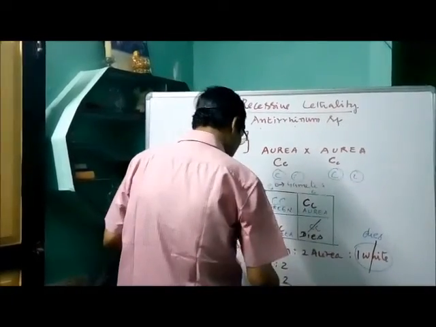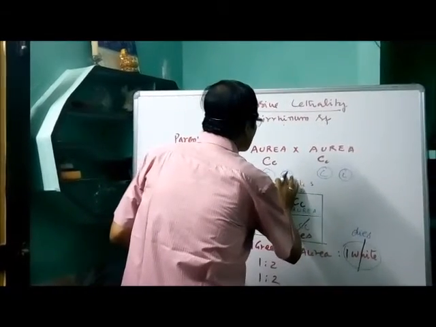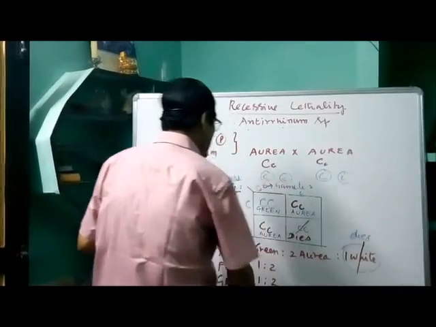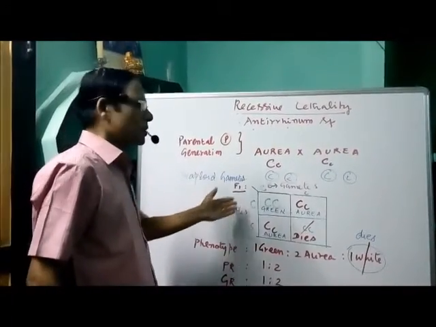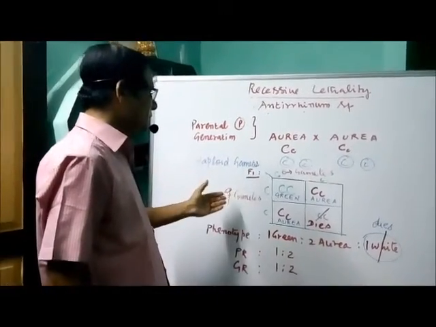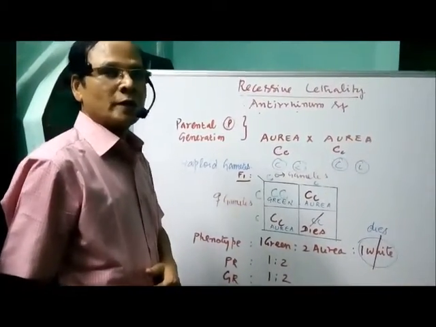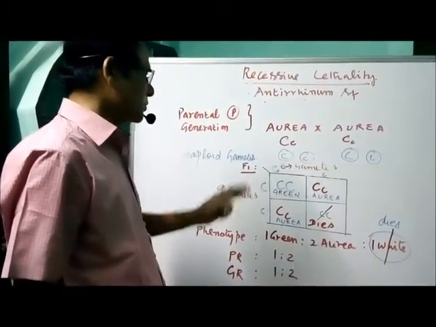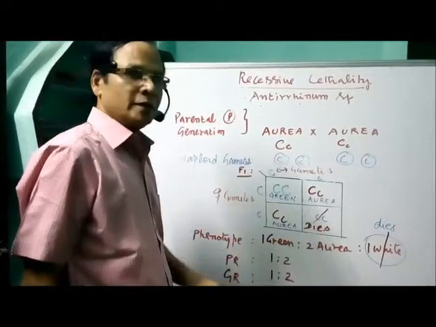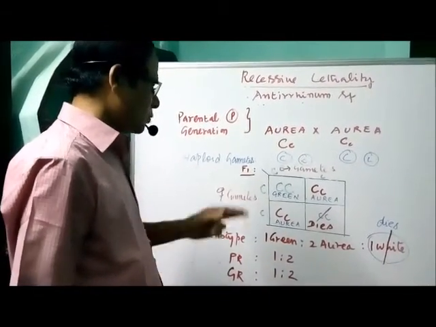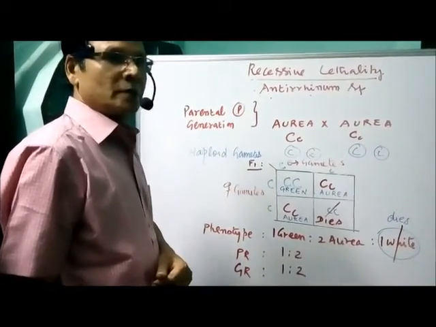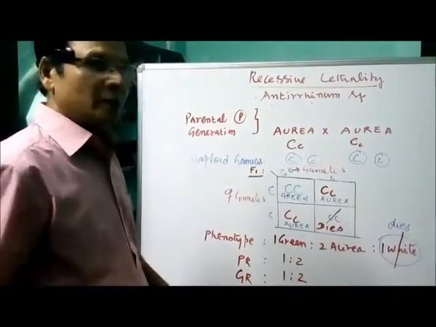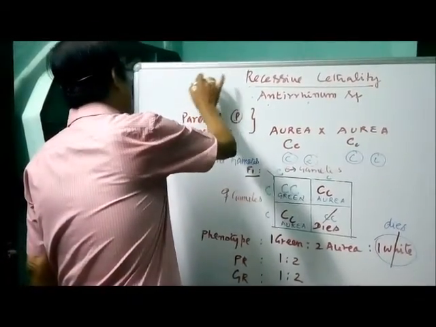Because of random combination, we get the F2 generation with the following individuals: one green, homozygous dominant, two aurea, the heterozygous individuals, and one white. As per Mendelian inheritance, we would get a 3:1 phenotypic ratio.